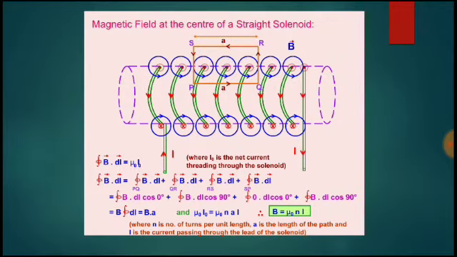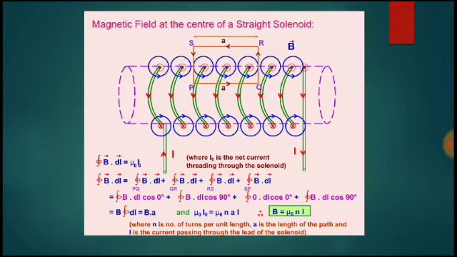Plus line integral QR of B into dl, and third, line integral RS of B into dl, plus line integral SP of B into dl. Magnetic field is present on all the sides, so that's why we add all the sides; only then can you get the total magnetic field in the solenoid, based on Ampere's circuit law.